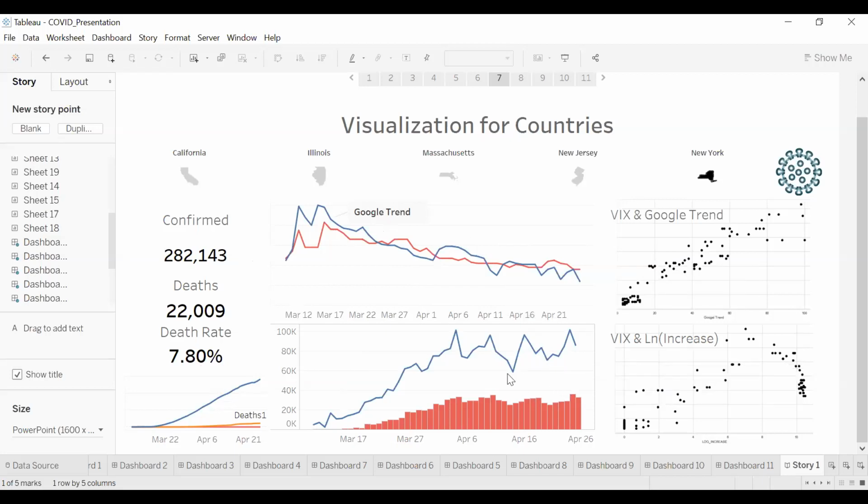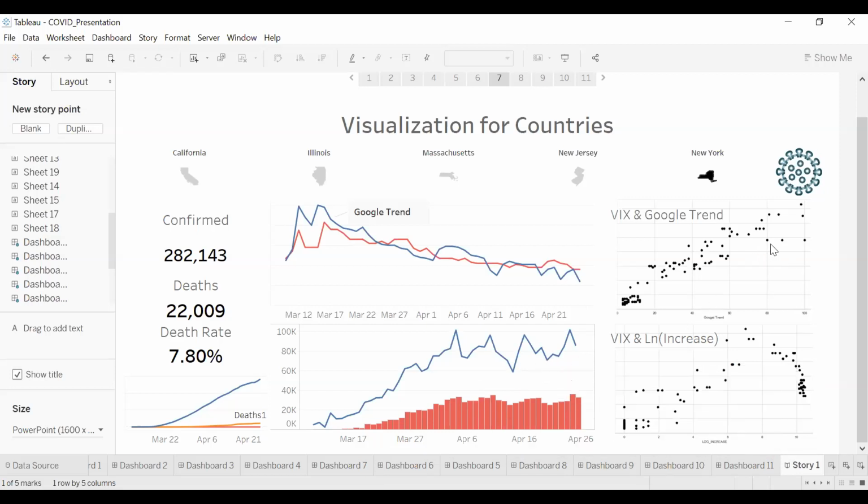And we can see from this plot, the blue line is the increased cases on a global scale, and the bar is from the increased cases of the United States. So we can see since March 17th, the United States has caused most of the increase.